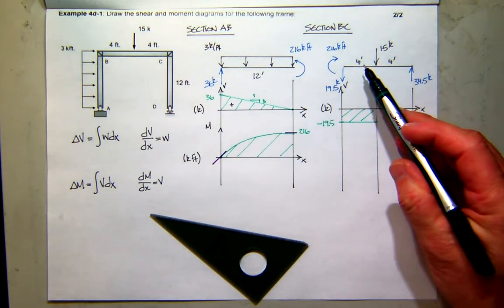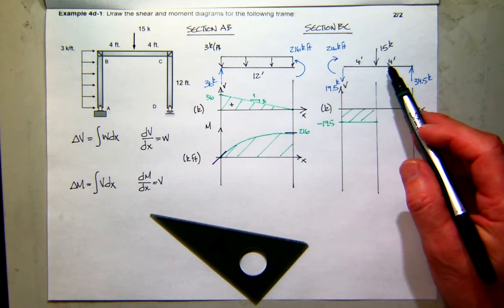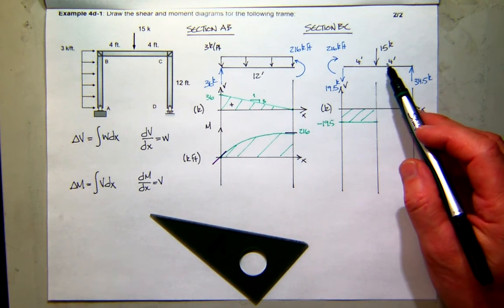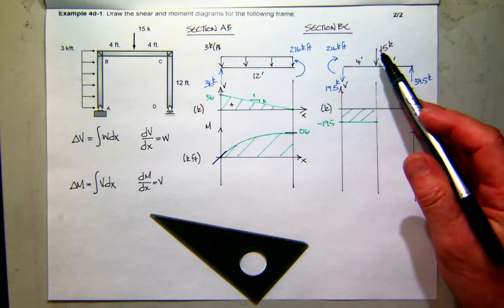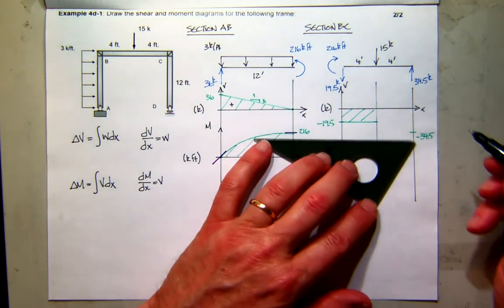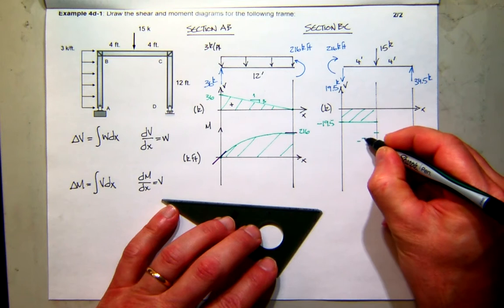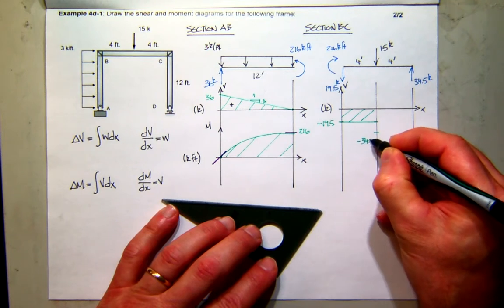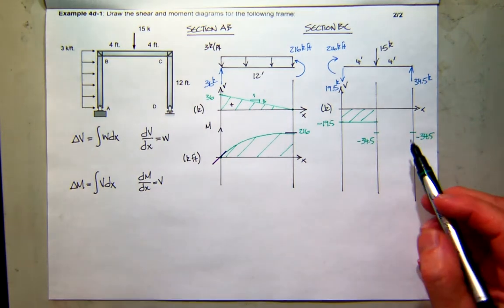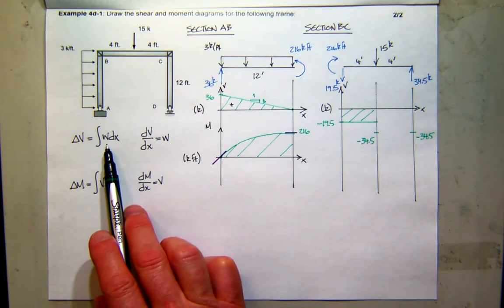Then as I go from the left side to the right side past this applied force, how does my shear change? It changes by this amount, 15 kips. Is that negative or positive? Negative. So that should bring me down to negative 34.5. Now the change in shear is the area of the load.